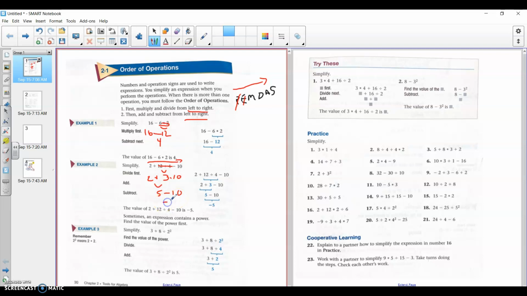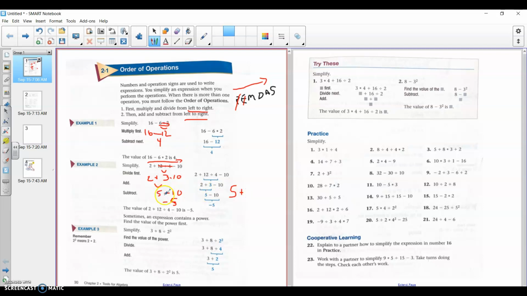Okay? So some of you will be new to integers, and you're going to start seeing that quite a bit pop up. So now refer to your integers page in your interactive notebook if you need to, because this would be a keep change method. I would keep this 5 and change the subtraction to addition.